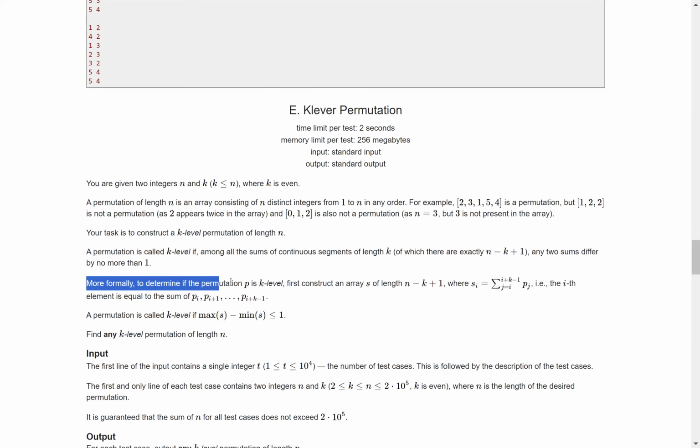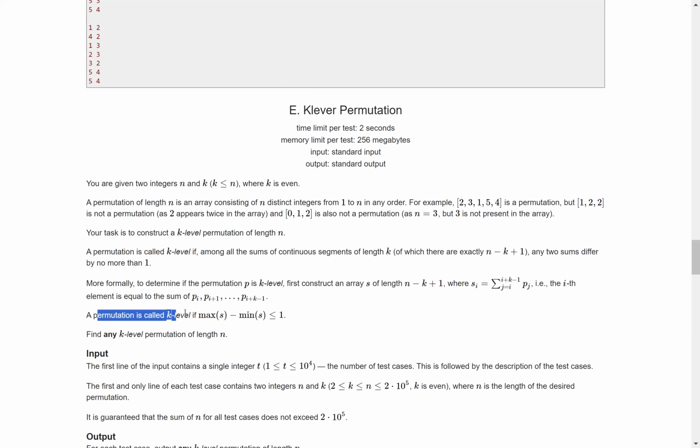To determine if the permutation P is k level or not, first construct an array S of length n minus k plus 1, where S of i contains the sum of the elements from P of i to P of i plus k minus 1.